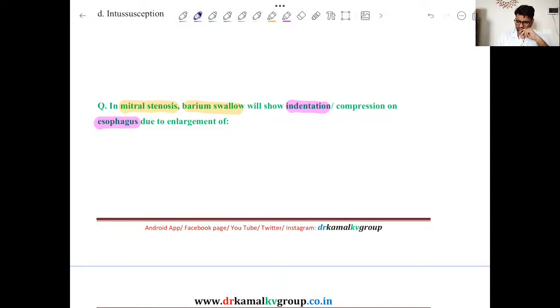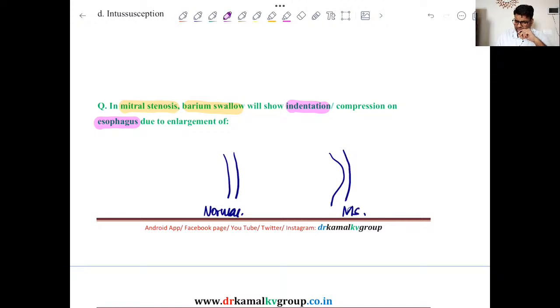So on barium swallow, you will see indentation of the esophagus. Suppose this is the normal esophageal outline. Now what will happen in a case of mitral stenosis? You will find something like this. So this is in a case of mitral stenosis.